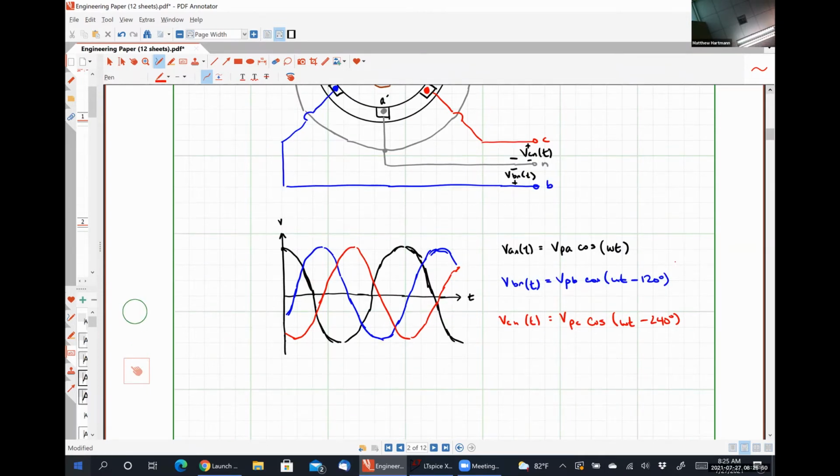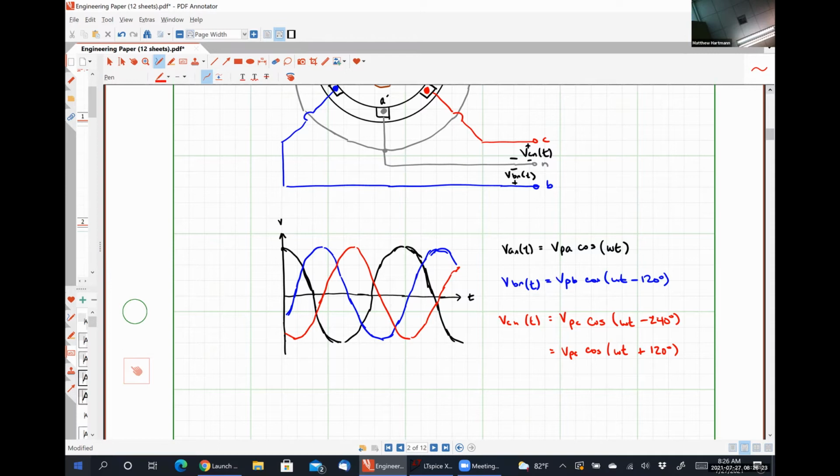Some textbooks and explanations would consider this to be VPC cosine omega t plus 120 degrees. But I prefer to look at things as the B phase is lagging the A phase by 120 degrees, and the C phase is lagging the B phase by 120 degrees.